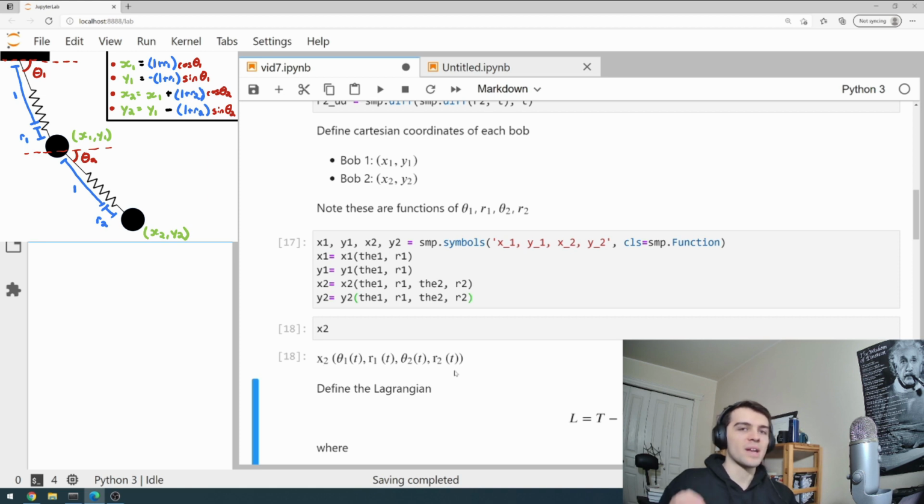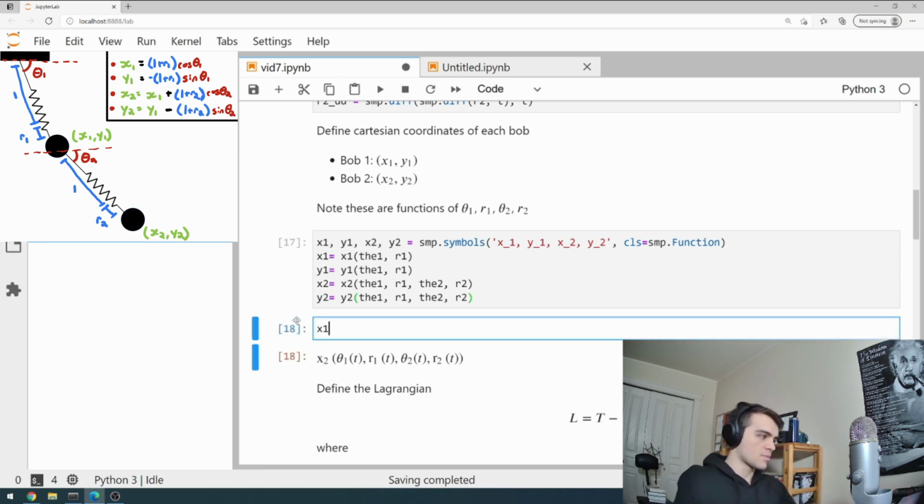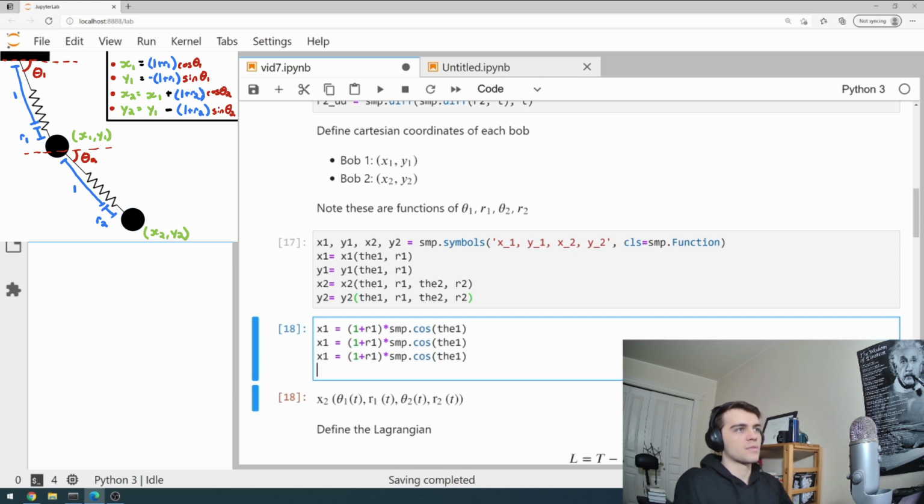So we know this, and we actually can define these since we have formulas for this. So x1, of course, is equal to 1 plus r1 times sympy.cos theta 1. And you can see that the general structure is pretty similar for all 4 of these. y1 is just a sine here. And I'm going to write minus sine based on how this is described.